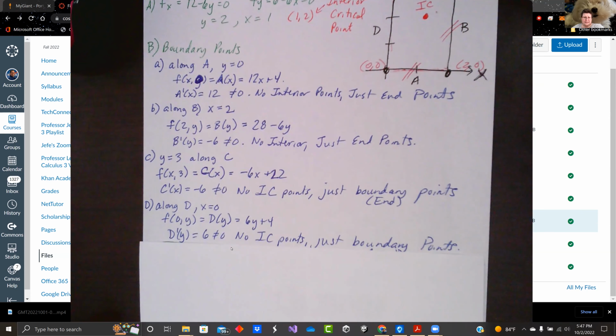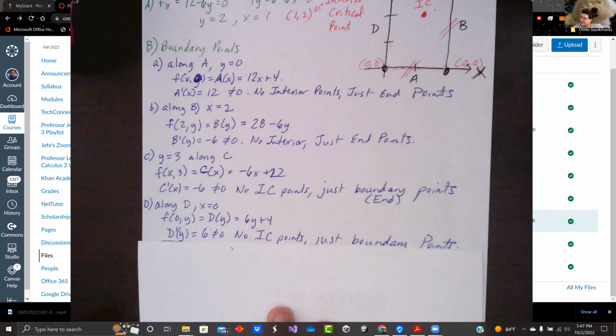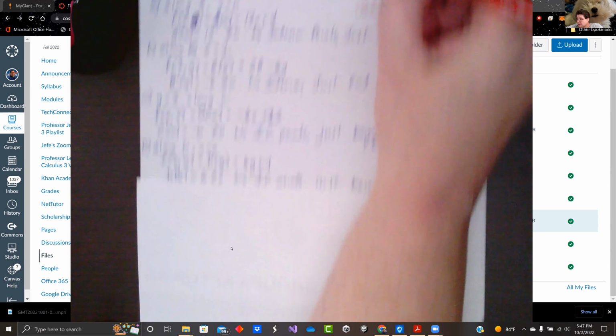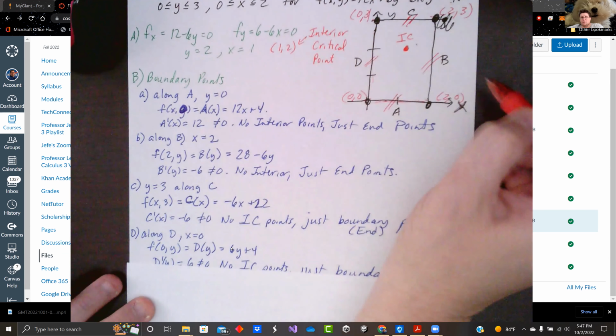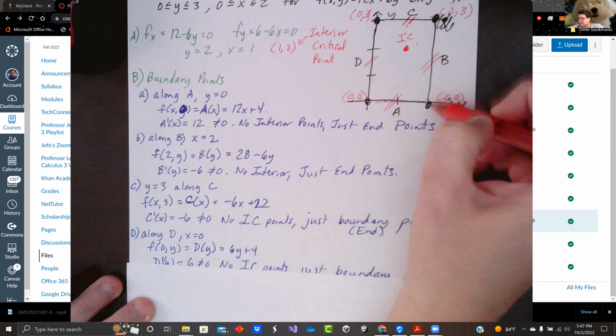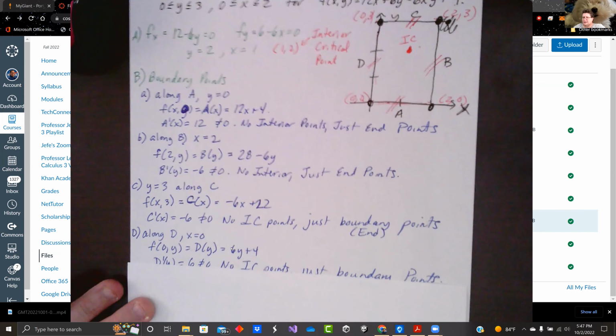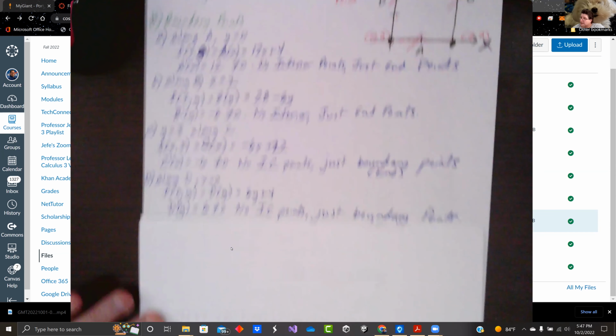The first derivative is 6. It's not 0 anywhere. We have no critical points anywhere along D either. So we've only got our 4 endpoints and this point right here. The absolute extrema are there somewhere.